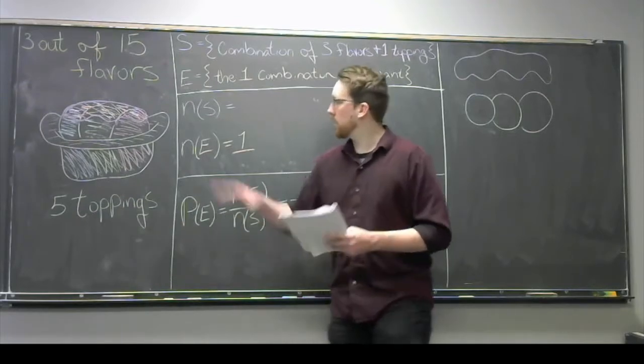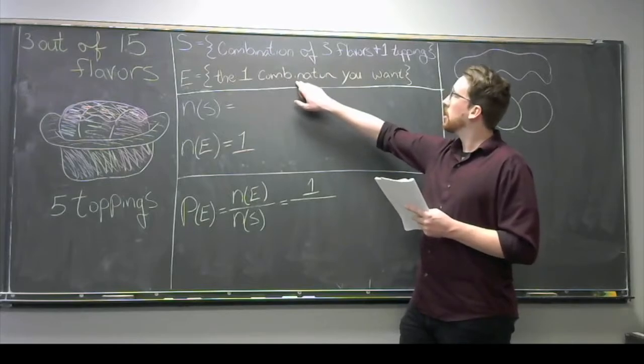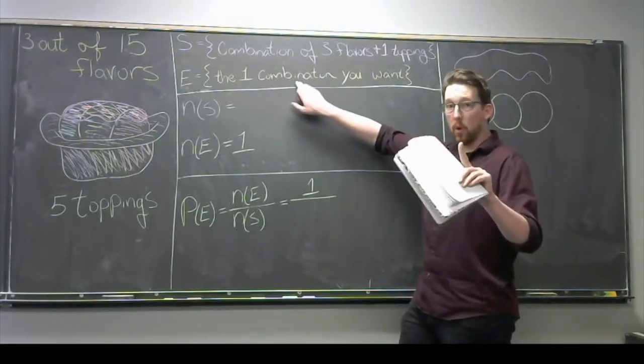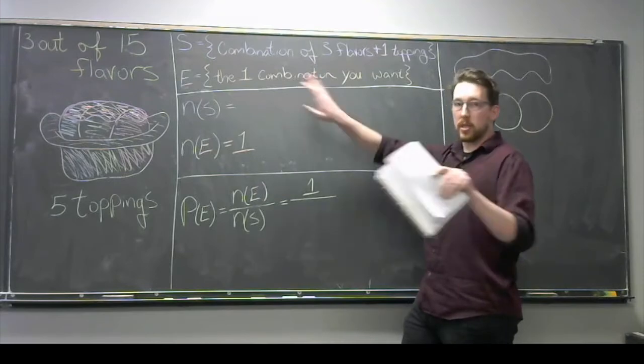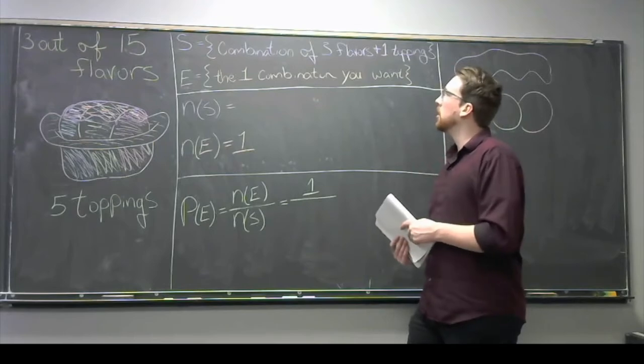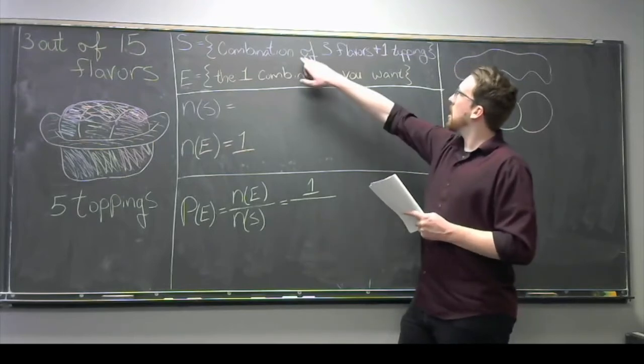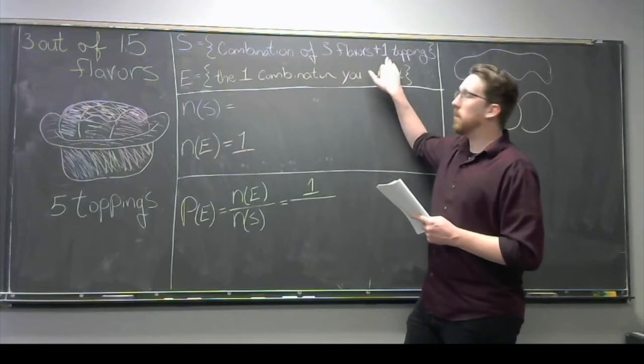If that's the scenario here, then the event is just the single right order, right? It's the one order that's what we actually want to get. For the sample space, in this case, it's going to be the combination of 3 flavors and 1 topping.